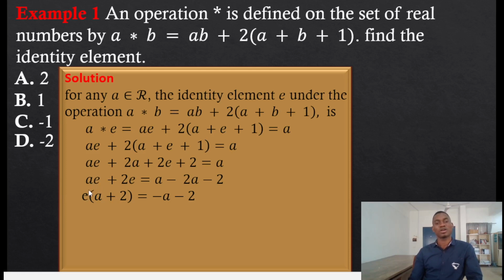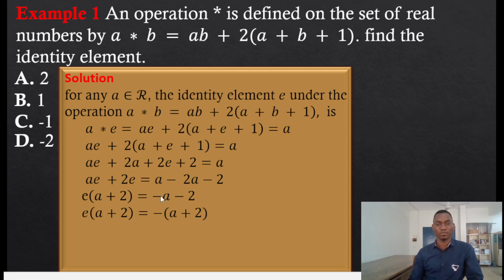Then we are going to have E into A plus 2 equal to A minus 2A, which is minus A, then bring down minus 2. Since we want E to stand alone, we can divide both sides by A plus 2. But before that, we can factor out minus.